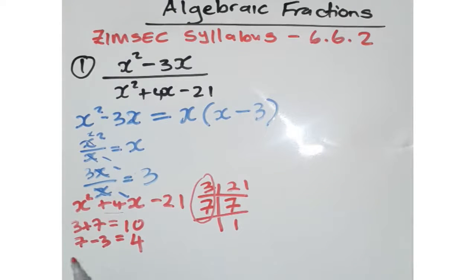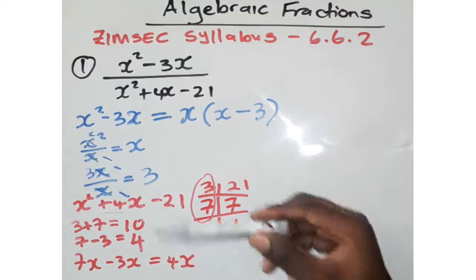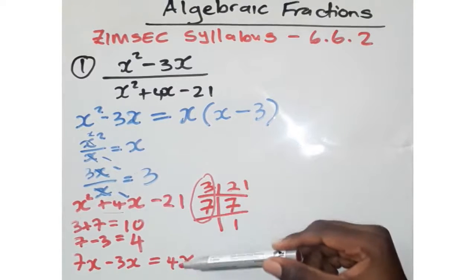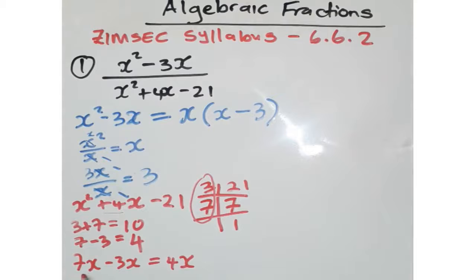Definitely. So we have to use 7 minus 3 in our algebraic expression to replace 4. In simpler terms, 7x minus 3x is equal to 4x. So where we have this 4x, we're going to replace it with 7x minus 3x.